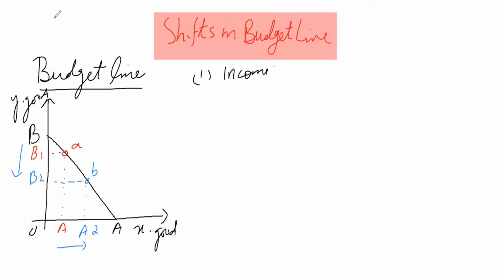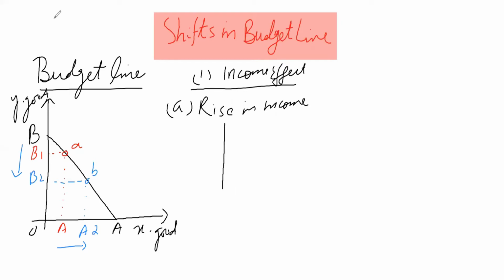Now let's have a look at effects or shifts in budget line, and budget line shifts because of three effects. The first effect is called income effect. If we suppose that there is rise in income of consumer, then what will happen to the budget line? Let's have a look on the graph. Initially we have axis.